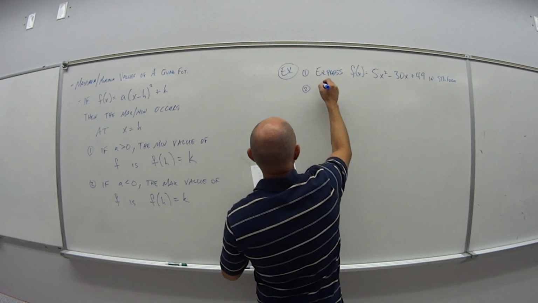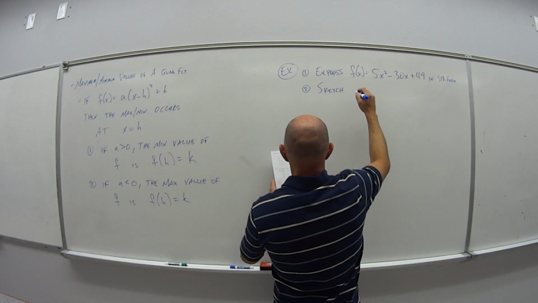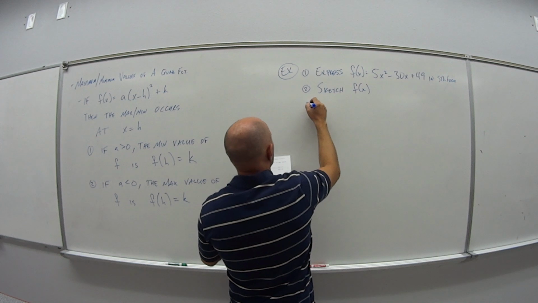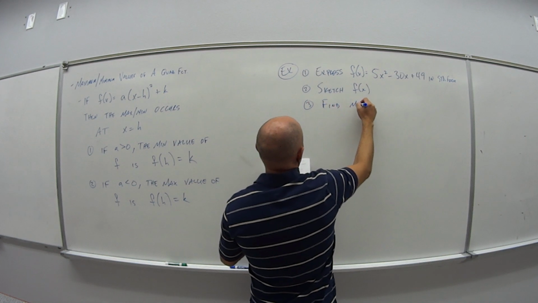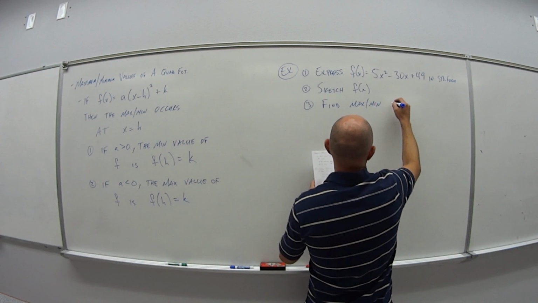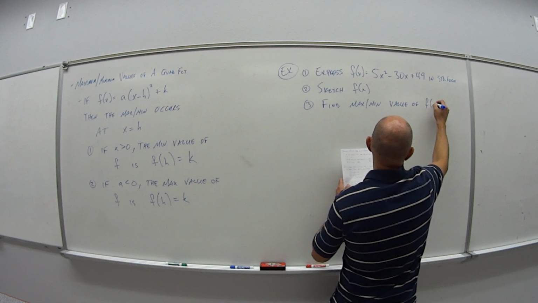And then 2, sketch, sorry, this is a 3-part one. So sketch f of x. And the third part is find the max or minimum value of f of x.